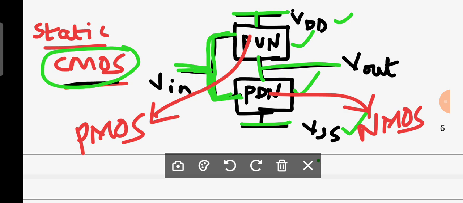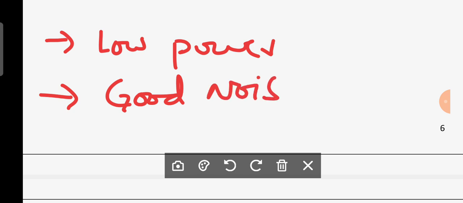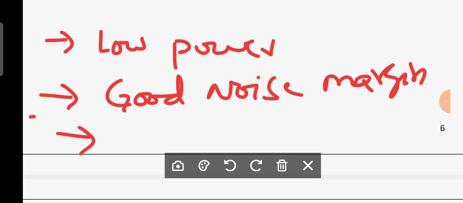Now we will see how some of the gates are designed using this static CMOS concept. Remember, the features of static CMOS are low power and good noise margin. But since you have two networks, what is the drawback?